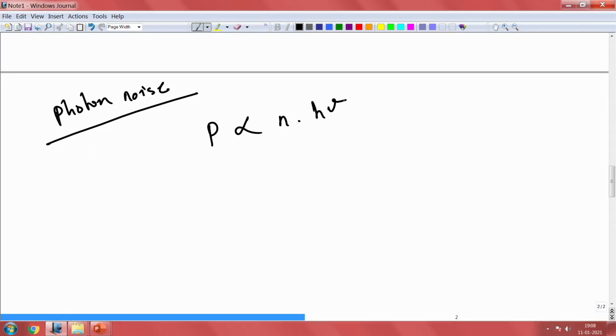So your n number of photons are going to give you a certain power, but the photon flux you have has no relevance in terms of the flux density. So how many photons are going to arrive at a given point of time?